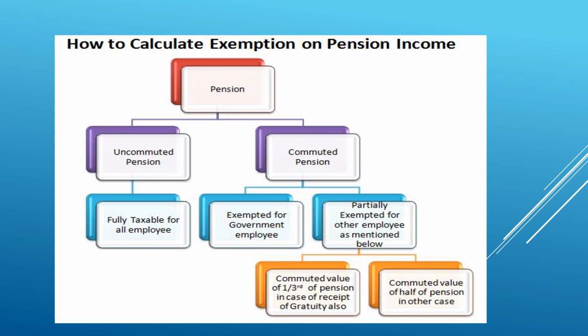A commuted pension is exempted for government employees and is partially exempted for other employees, that is one third of the pension in case of the receipt of gratuity. Also, in any other cases, the commuted value of half of the pension amount is exempt.